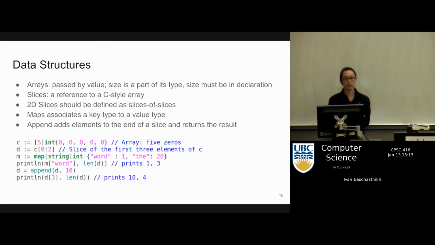Does that make sense? Yes? So slices are mutable and arrays are immutable, or is that kind of what it is, or not really? Well, the difference between slices and arrays is that a slice is the reference to the array. It's like a wrapper, the Go wrapper around an array. They made an array like a primitive, in a sense, where the array is passed by value, and it's a little bit stricter.